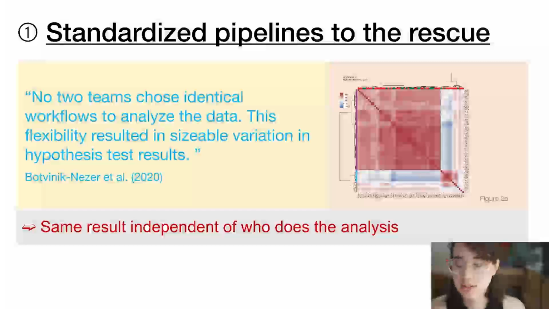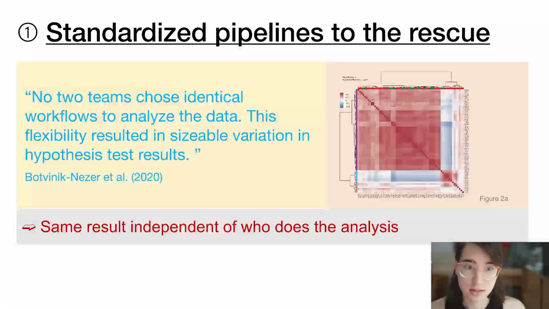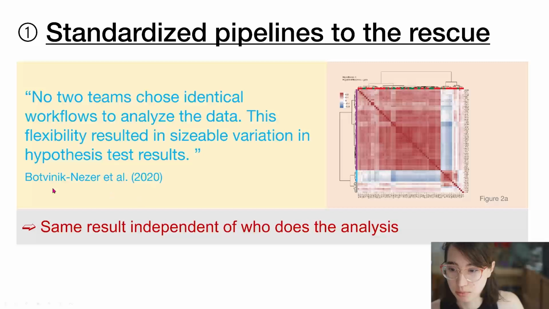No, it's actually that this kind of standardization really improves science, because you've probably heard of the Botvinik-Nichols study from 2020, where lots of different teams analyzed the same data with the same hypotheses, but no team had identical workflows, identical pipelines, and no two teams had identical results.